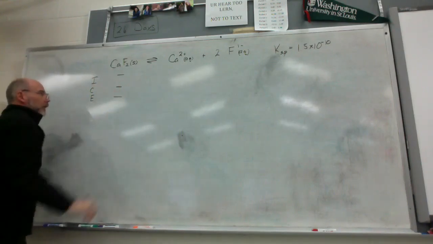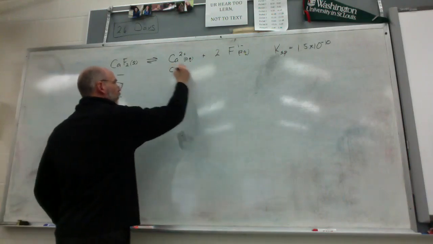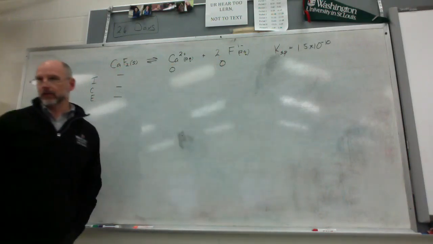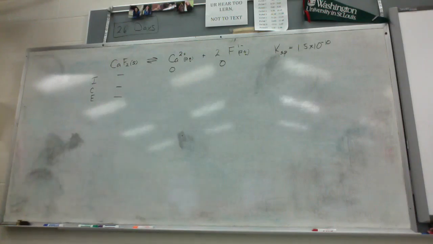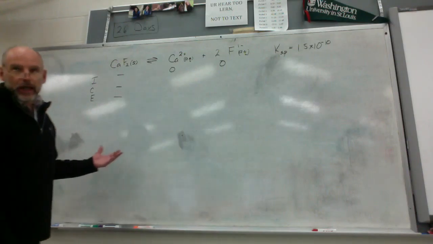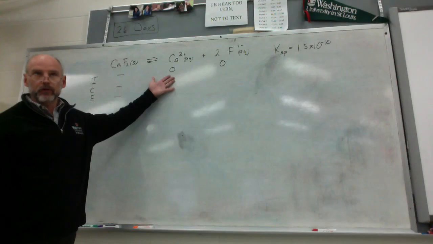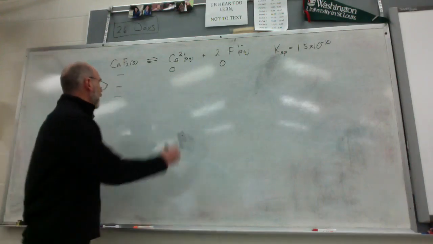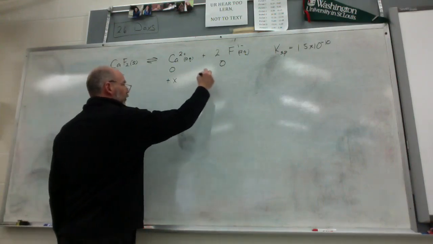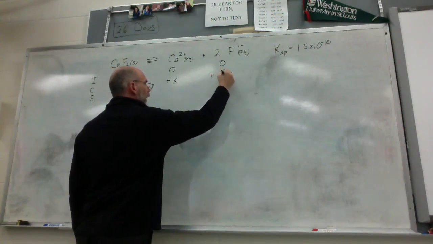Initially, we have 0 of this, 0 of this, obviously. How is that going to change? Well, this is going to increase by x, and this is going to increase by 2x, so that at equilibrium we get this.